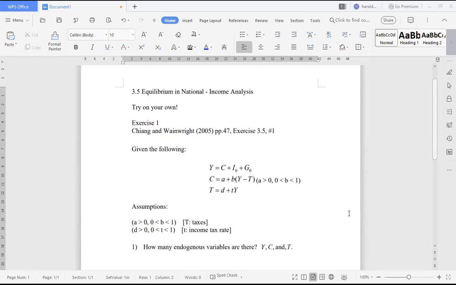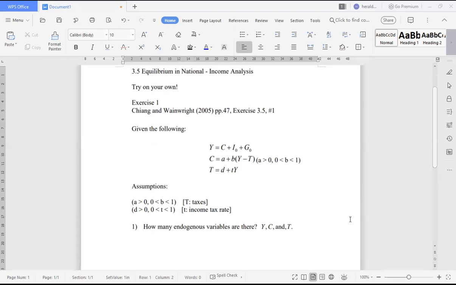So how do we interpret these parameters? Let's take a closer look at the equations. T there, class, is again taxes. In that equation, T is equal to D plus tY. D there would be the intercept in that tax equation. That would mean that would be the level of taxes that is collected if national income were zero. Let me repeat.